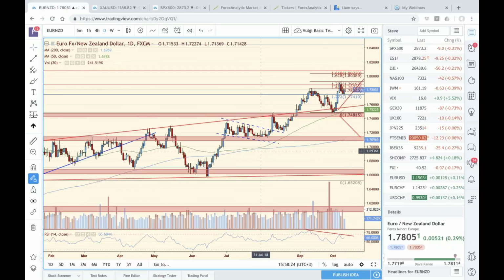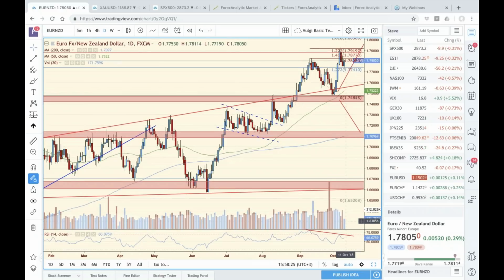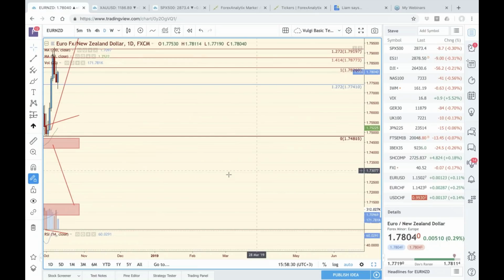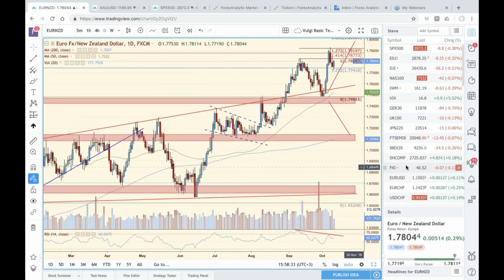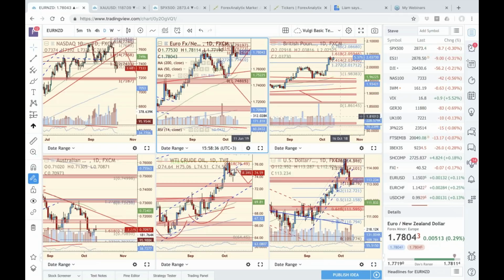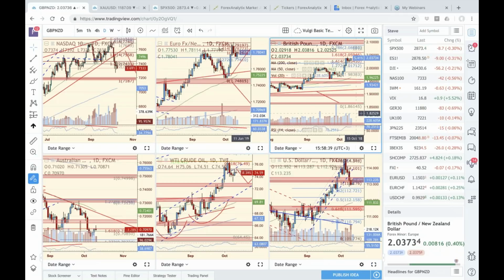Perhaps this will end up being a three drive formation. Perhaps we're going to get one more high with RSI diverging even more, in which case it will look like an interesting opportunity for at least a short-term decent sell-off.